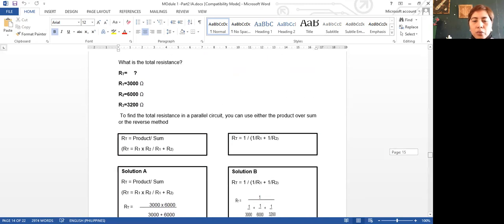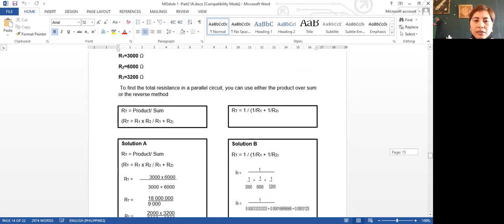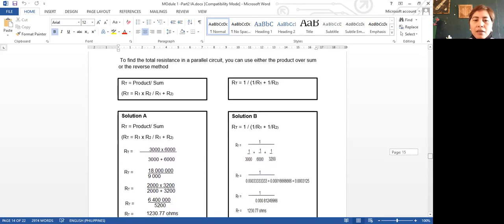So you will see here the two methods on how to get the total resistance. You can use either product over sum or this reverse method. For you to be able to check, you can use both methods to check whether your answer is really correct.